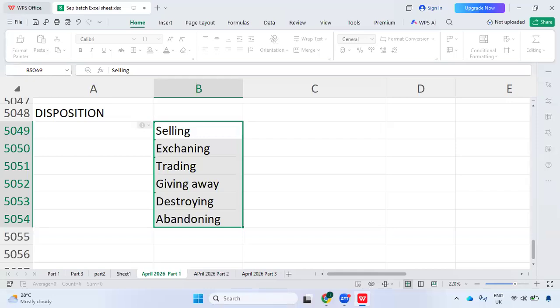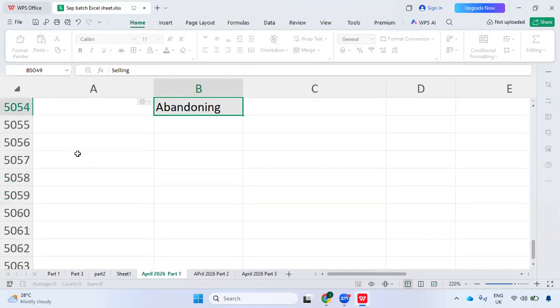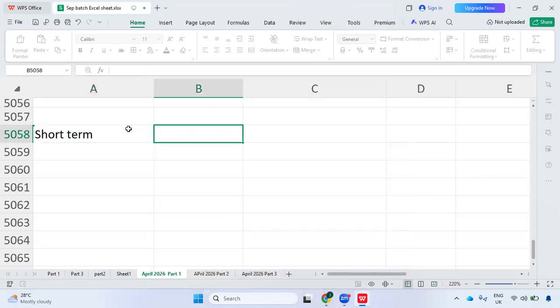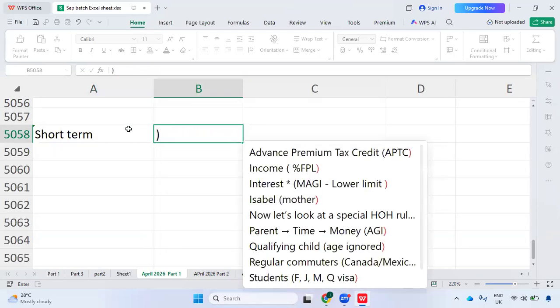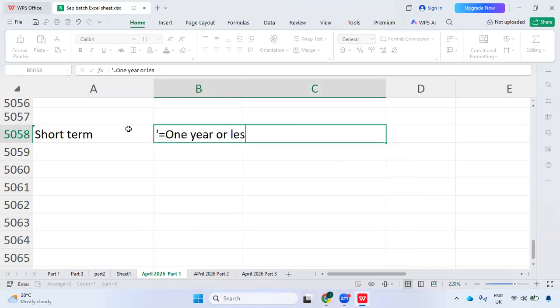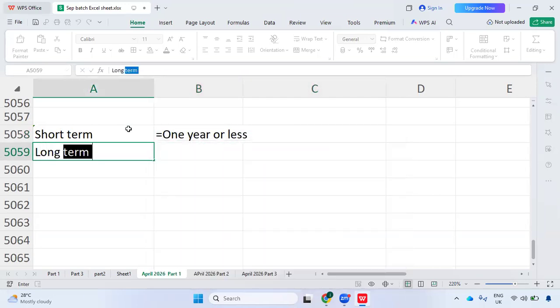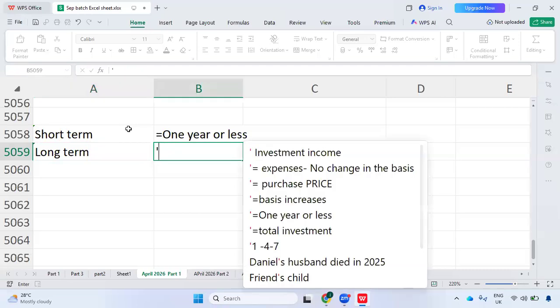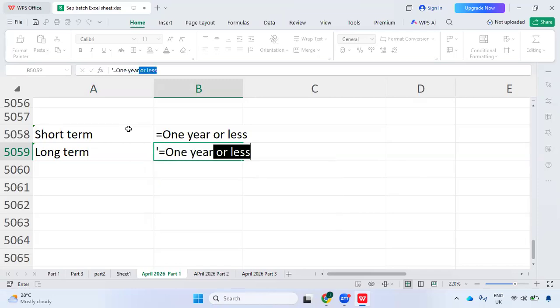For this we have the period of holding. We know how to calculate the period of holding, and with that we can determine whether it is long term or short term. Short term is 1 year or less. Long term is more than 1 year, that is, 1 year plus 1 day.